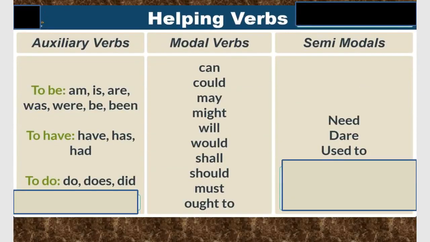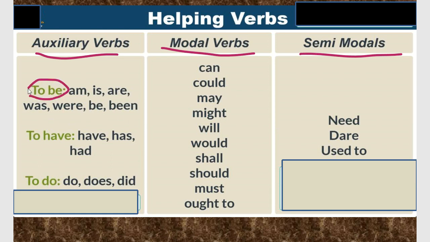Now we come to helping verbs. Helping verbs have been divided into three: the auxiliary verbs, the modal verbs and the semi-modals. Auxiliary verbs I already explained. Am, is, are, was, were, be or been are the forms of the to be verb. Have, has and had are the forms of the to have verb.